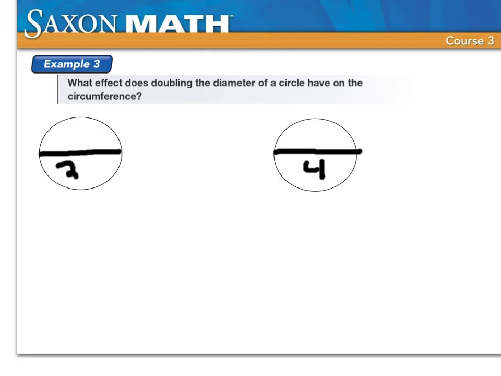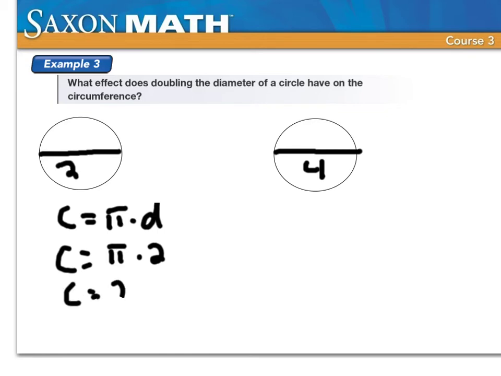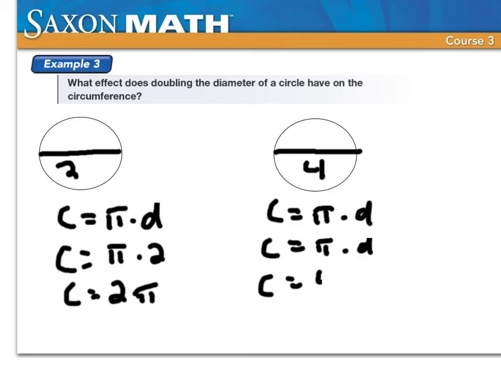So, circumference, again, equals pi times the diameter. So the circumference of this circle is pi times 2, which is 2 pi. The circumference of this circle is pi times the diameter, which in this case is pi times 4, and that's 4 times pi.